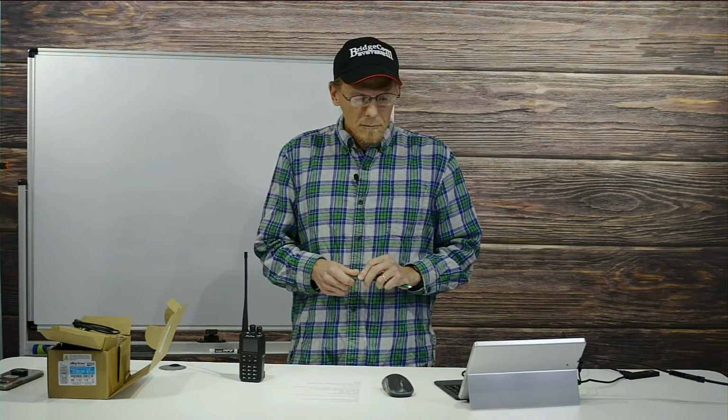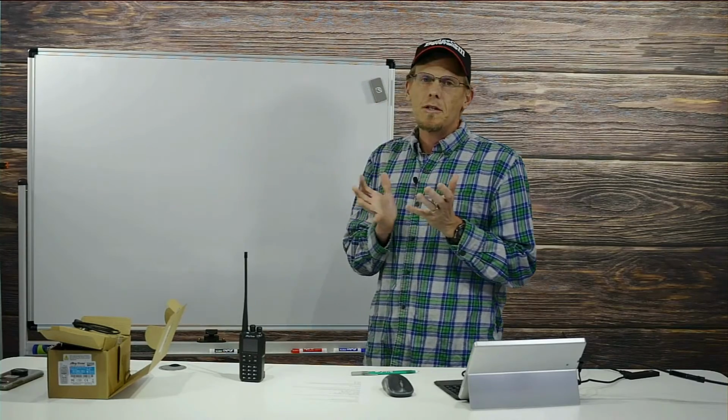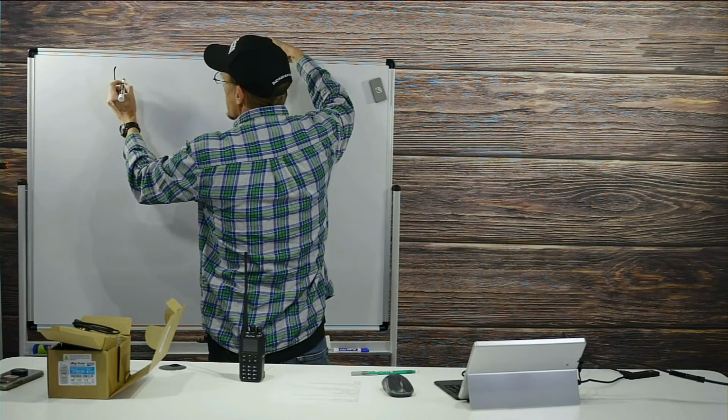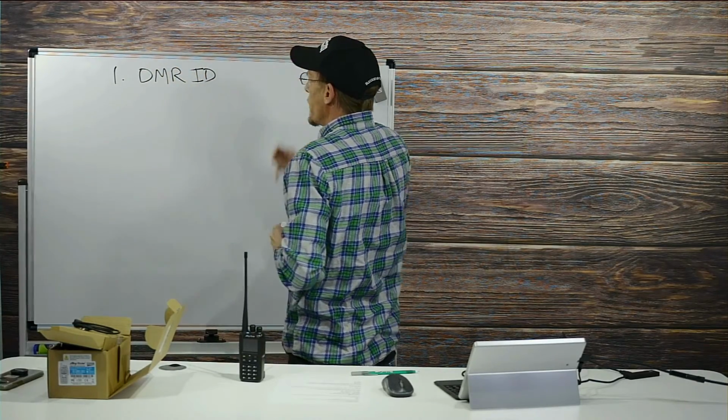So, going back to the basics, the first thing you're going to need is a DMR ID. Hopefully you have an amateur radio license, but you're going to need a DMR ID. So the first step in this journey is a DMR ID. Now you're probably going to want to know, where do I get that?